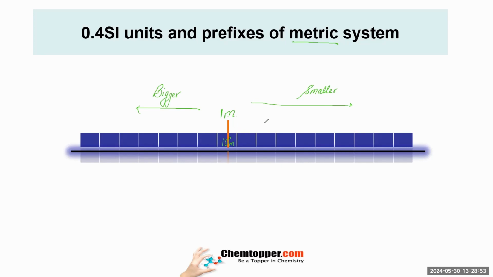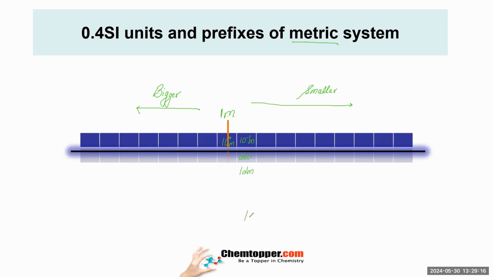Going for smaller units, you divide the first one by a factor of 10. Divide by 10. So it becomes 10 raised to power minus 1 meter, which is called deci, represented as 1 decimeter. What does it mean?